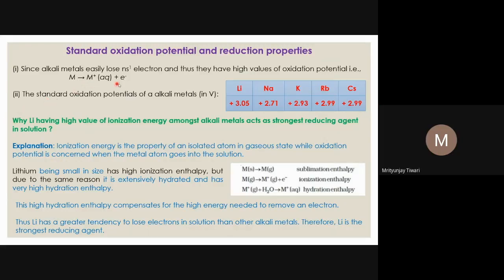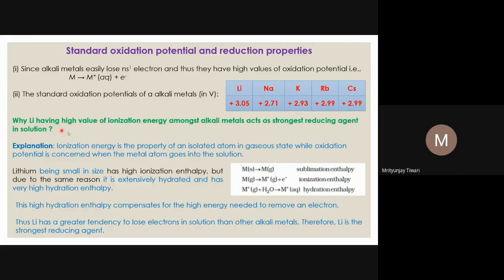So this is the standard oxidation potential of alkali metals in group 1, in bold. These values are reported in volt, and the symbol for volt is V.